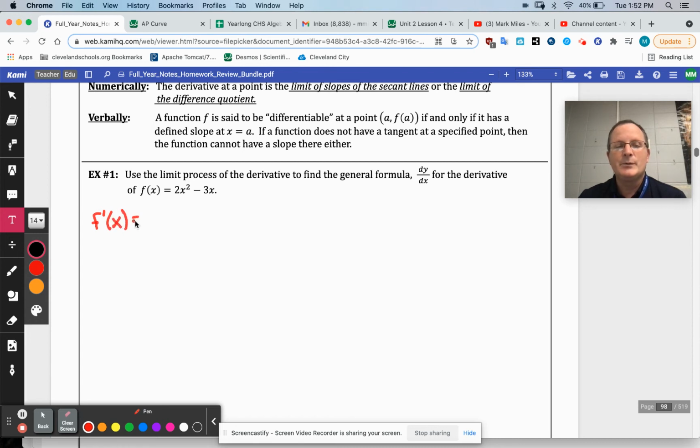is equal to the limit, you've seen this a bunch now, as h approaches 0. By the way, it doesn't have to be h, h is just typically used. It could be a lot of different things.